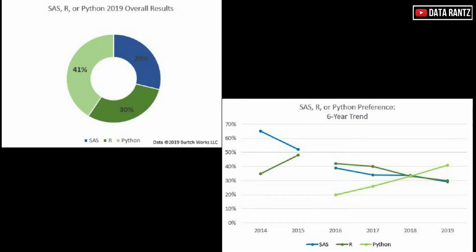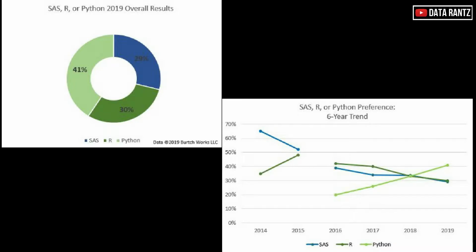From the survey, just as you can see, 29% of the people took SAS as their most preferred language, while 30% went with R and 41% went with Python, showing that Python is still mostly preferred by professionals.